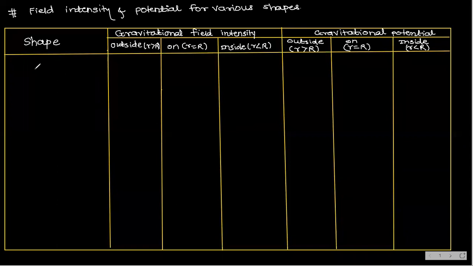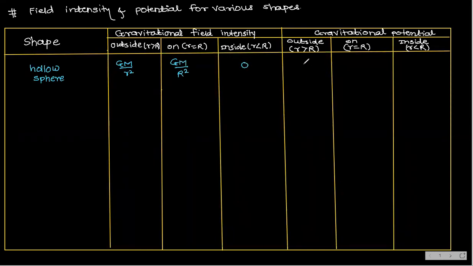So first shape I am taking, that is hollow sphere. So outside, what you are getting, gravitational field intensity GM by r square. On the surface of this hollow sphere, GM by capital R square. Inside it is 0.